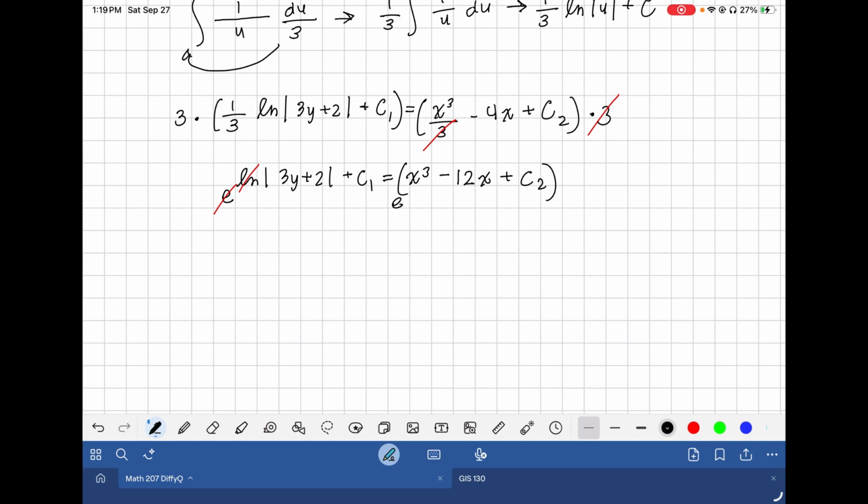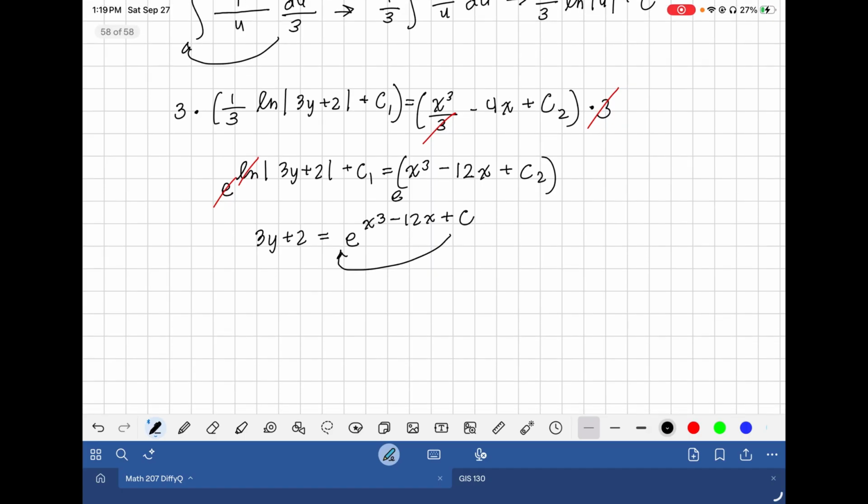And so now we're going to have 3y plus 2 equals e to the x cubed minus 12x plus c. And then we can bring the c out in front of the exponential. And I'm just going to rewrite that really quick as 3y plus 2 equals c times e to the x cubed minus 12x.